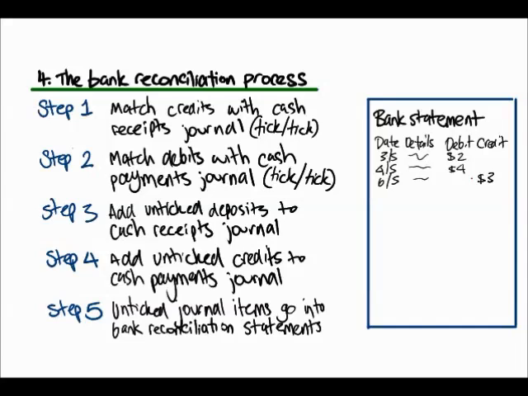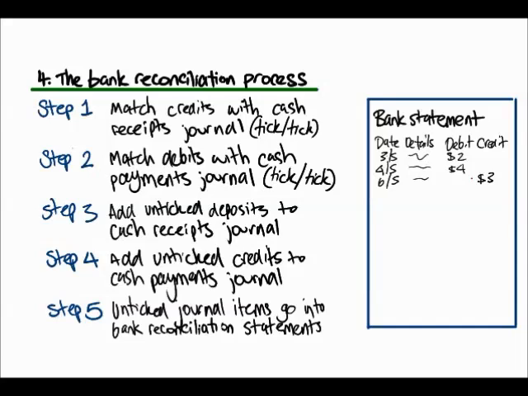So the first thing you do is you look through your cash receipts journal. Your first step is to match through your cash receipts journal, and you go through your bank statement and tick off the ones in your bank statement which match up with your cash receipts journal. So see this on the bank statement on the right, there's that credit for $3 over here.